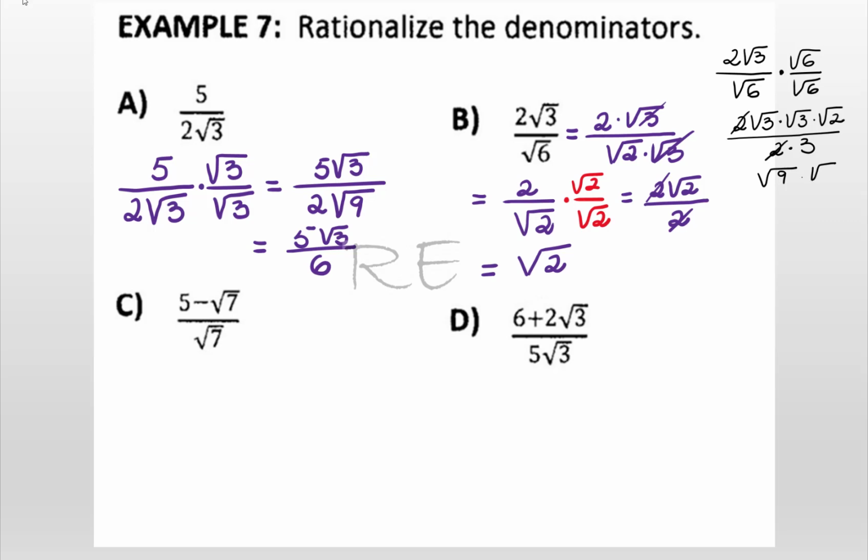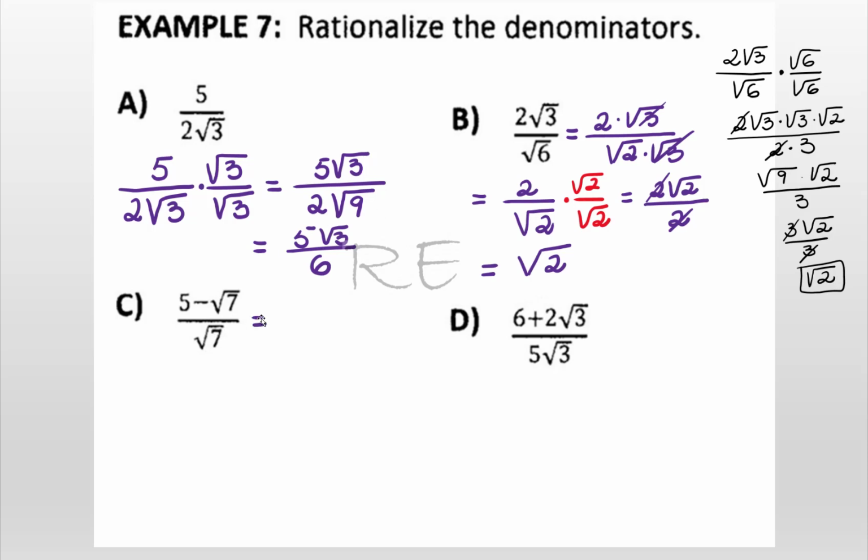Square root of 3 times square root of 3 becomes square root of 9 times square root of 2 over 3. Square root of 9 is 3. 3 square root of 2 over 3. 3 cancel, and we get the same answer, square root of 2.